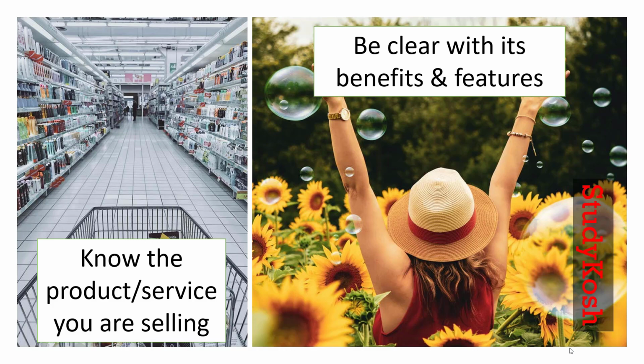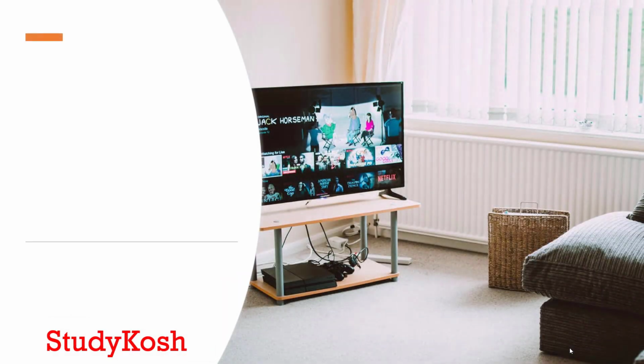You must be clear about the product or service, then only will you be clear about the benefits and features. Once you have figured out that yes, this is my product, the second step is a little bit of research to figure out what the benefits and features of what you are selling are. In this context, I would like to give you one example.